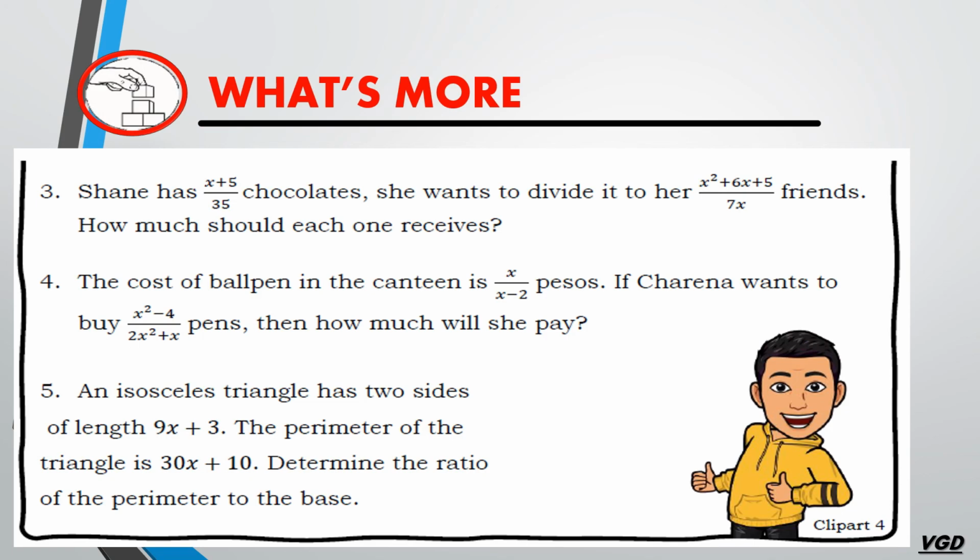If Sharina wants to buy (x squared minus 4) over (2x squared plus x) pens, then how much will she pay? Number 5. An isosceles triangle has two sides of length 9x plus 3. The perimeter of the triangle is 30x plus 10. Determine the ratio of the perimeter to the base.